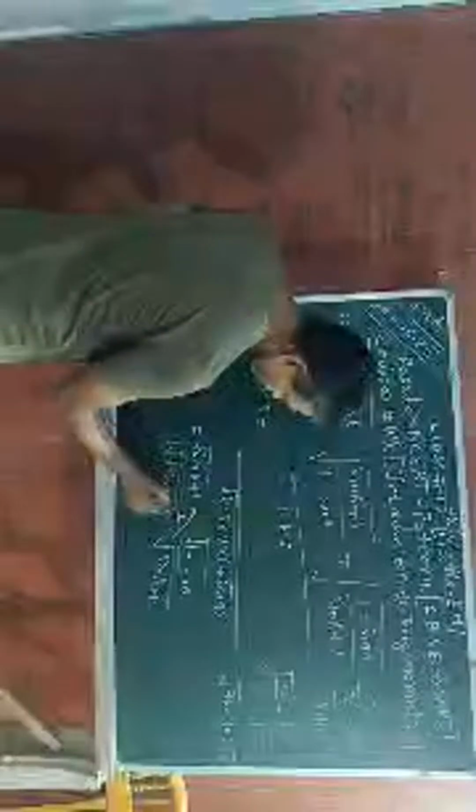I can write like this because this is also available in square root and this is also available in square root. So both values I will put in one square root, because if any student writes A into B, that can be separated as root A into root B. So I will multiply this term with this term.